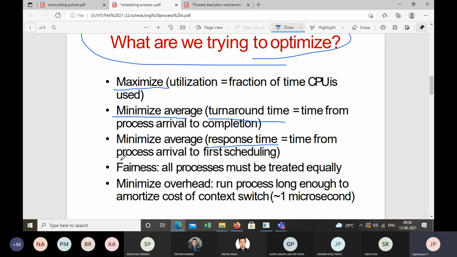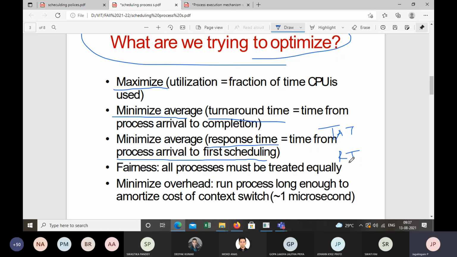The time the process arrived for the first scheduling. Okay. Now, what is the difference between turnaround time and response time? Can you tell me? So turnaround time is the complete time, and response is when it arrives to just scheduling, not complete. Yeah.